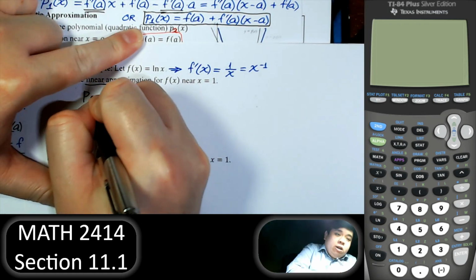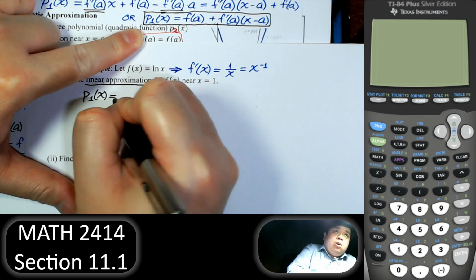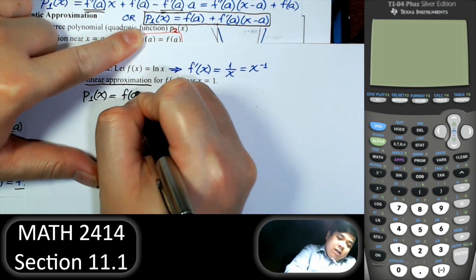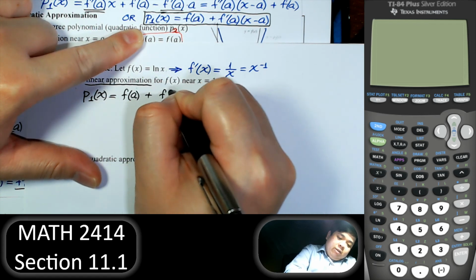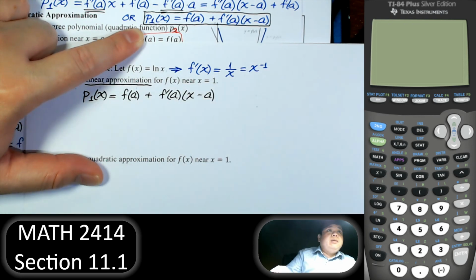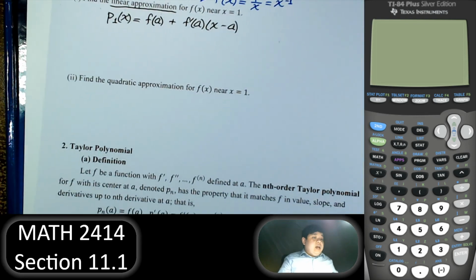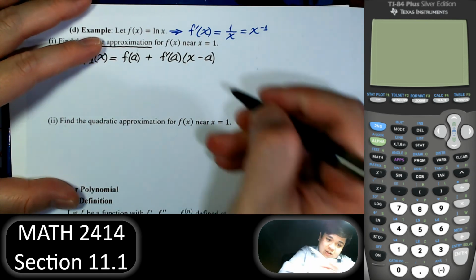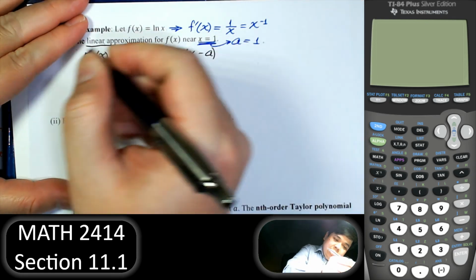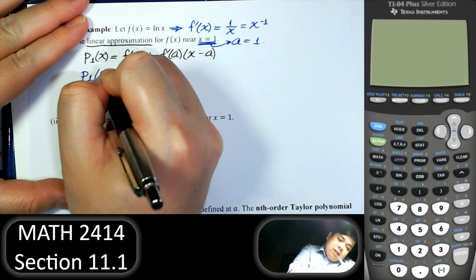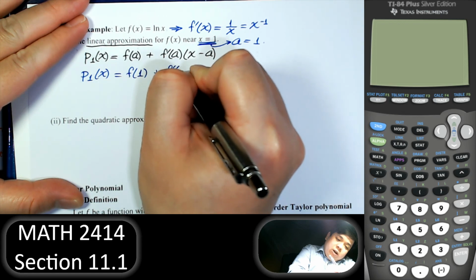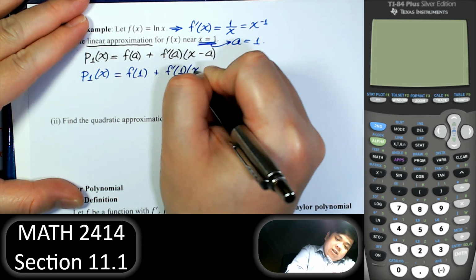P1 is equal to the value of the function at a, plus the derivative at a times x minus a. In this example, a is 1. So we have P1 of x equal to the function at 1 plus the derivative at 1 times x minus 1.